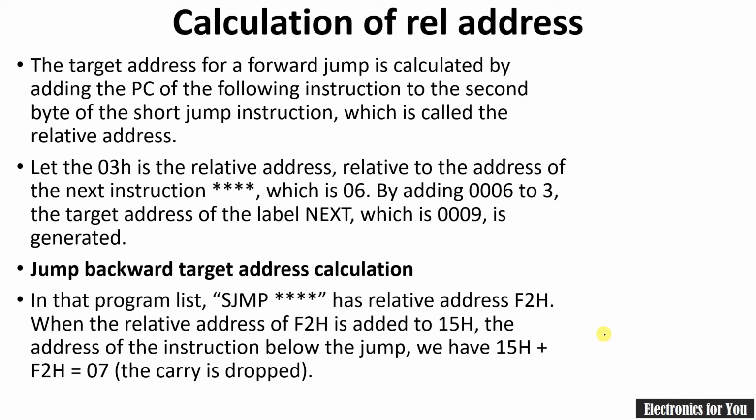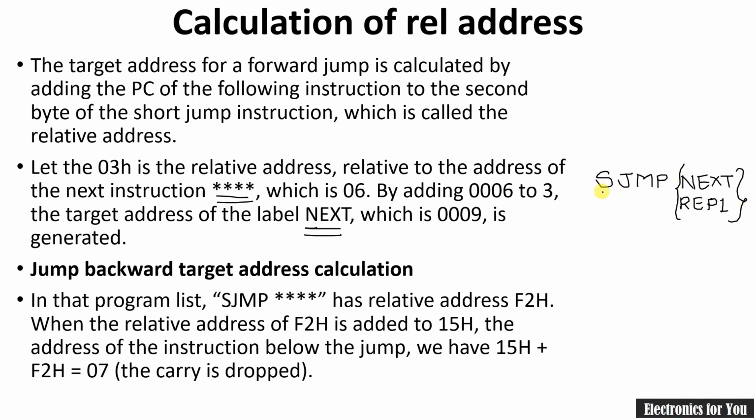Now who calculates it? You need not calculate it, because instead of this, if you are writing a label, for example JMP, you will not directly write the relative address in the assembler. You write here, say, next, or repeat, or anything. The label may be anything.